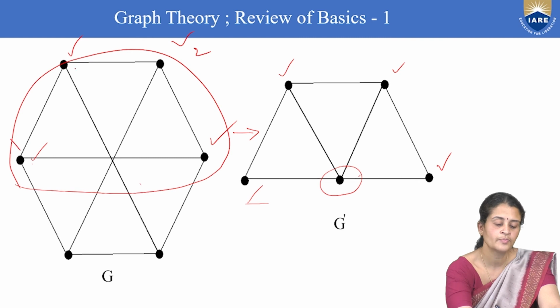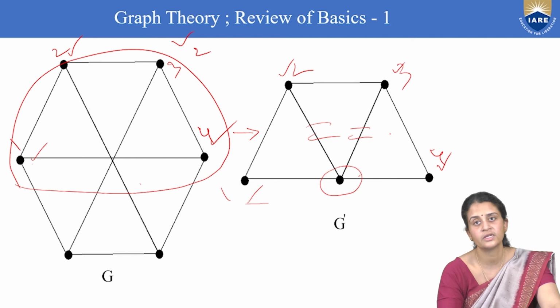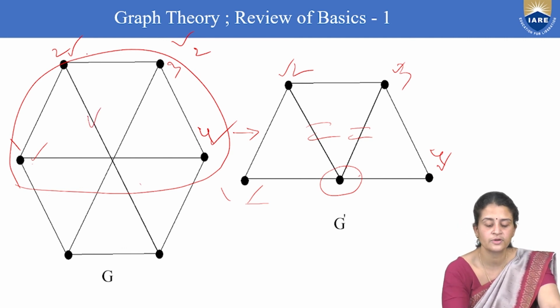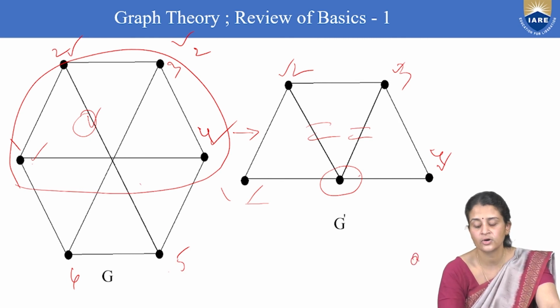Suppose it is 1, 2, 3 and 4. And suppose we are taking 1, 2, 3, 4. Then what are the edges? These 2 edges are not permitted in this subgraph, because the endpoints of this edge are 1, 2 and 5, and here we are not taking the 5.